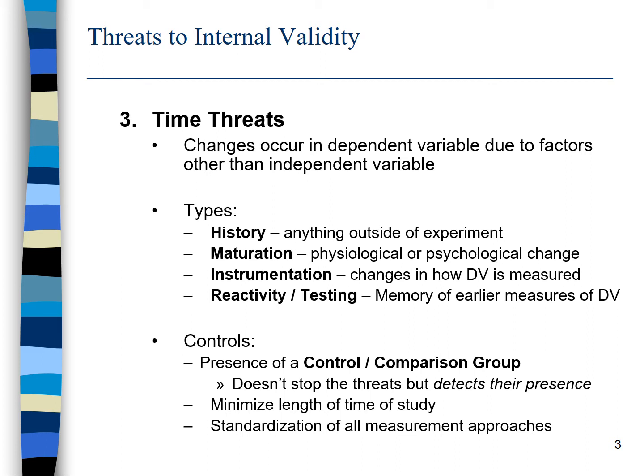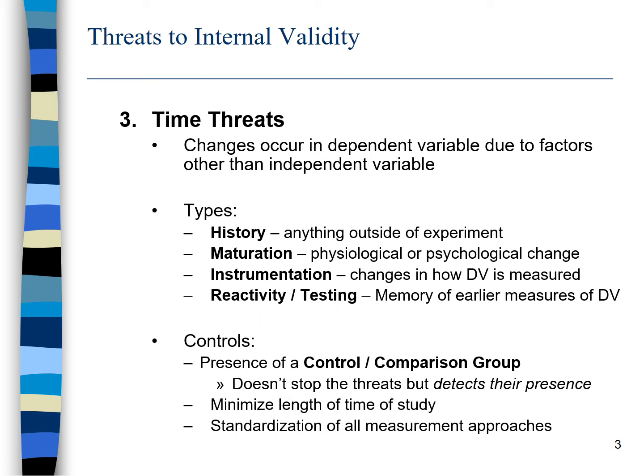Because if these outside threats, history, maturation, etc., are influencing the people in the experimental group, a control group who is not getting the manipulated independent variable should also have those same time-related effects happening to them. That allows me to detect the presence of these changes in the dependent variable, and therefore I can remove them from my analysis once I get all my post-test results done.